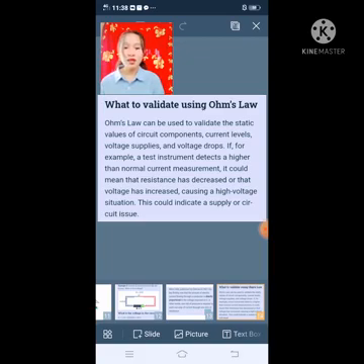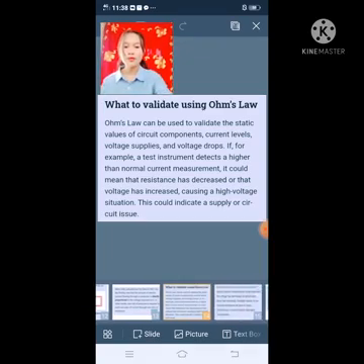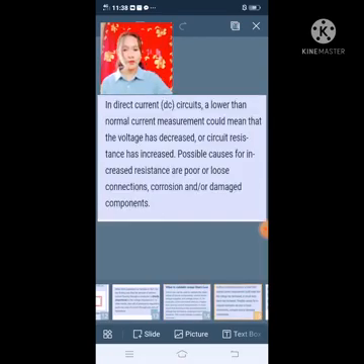This could indicate a supply or circuit issue. So, in direct current circuits, a lower than normal current measurement could mean that the voltage has decreased or circuit resistance has increased. Possible causes for increased resistance are poor or lost connection, corrosion, and or damaged components.